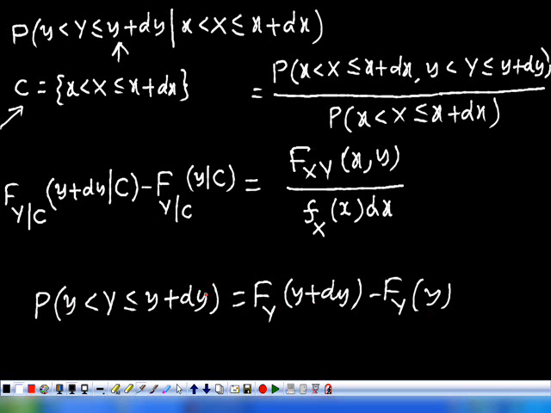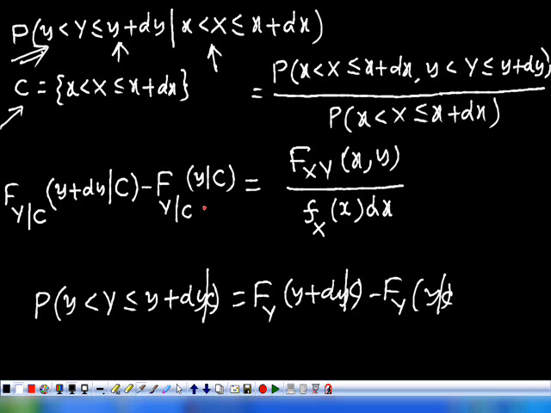Now here I am conditioning this. Okay. The probability of this given that C has occurred. Is that right? So therefore, the probability of this conditional event, the probability of this given that x is lying in between x and x plus dx, can be written as Fy of this minus Fy of this.